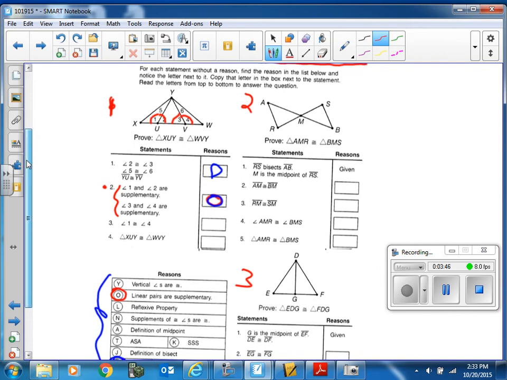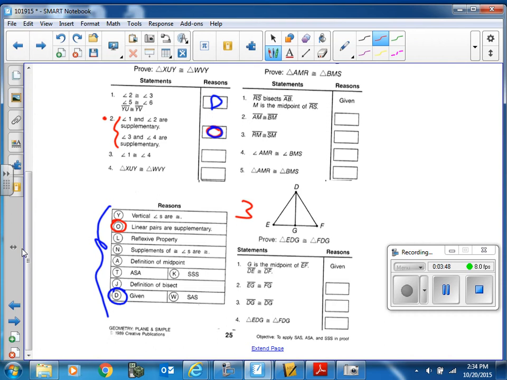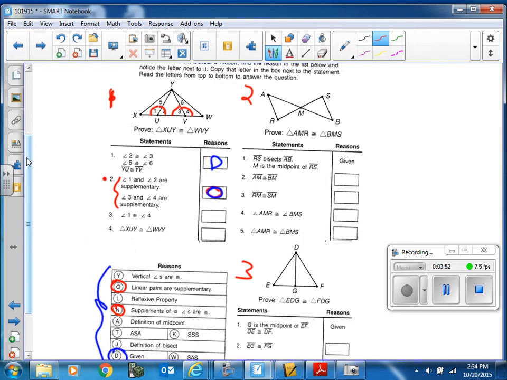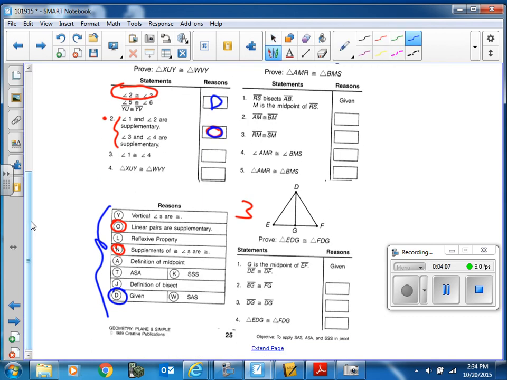It says supplements of congruent angles are congruent. We already know because of our given piece of information that 2 and 3 are congruent. That means the supplements, which are 4 and 1, also have to be congruent. So we can put letter N.